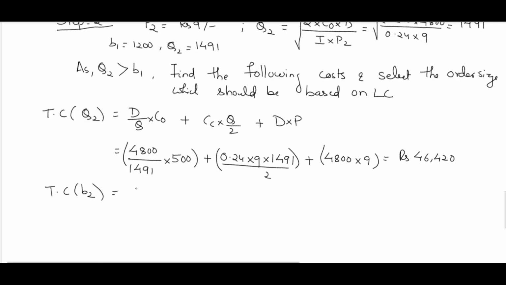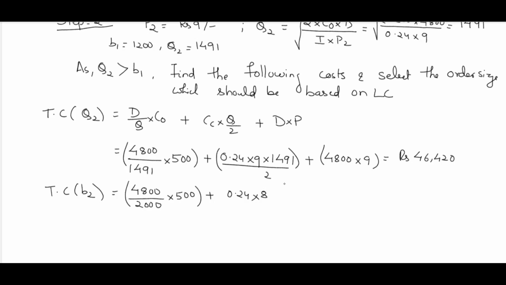Same thing. Demand is 4800. Instead of Q, you will put B2, which is 2000 into 500, plus 0.24, everything remains the same. Instead of 9, it will be 8 rupees.